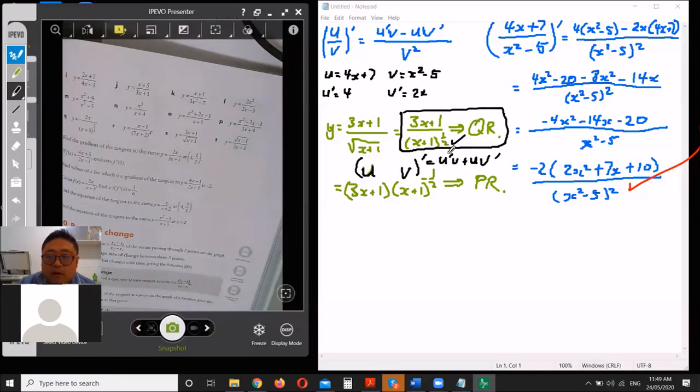So you know how you go U, V, U dash, V dash? To do the V dash bit, you use the function of a function rule. So it'll be half x plus 1 to the power of minus a half, times 1. Don't forget the times 1, even though it doesn't change the answer.